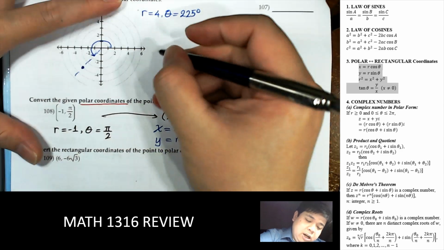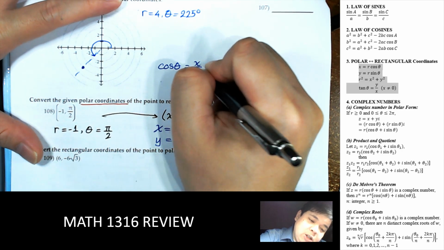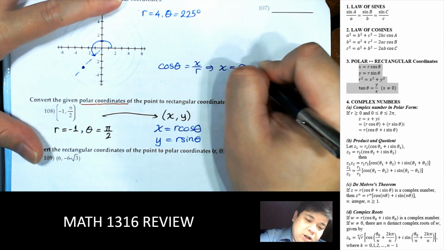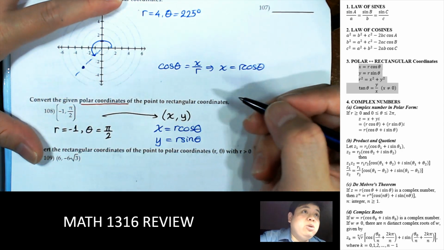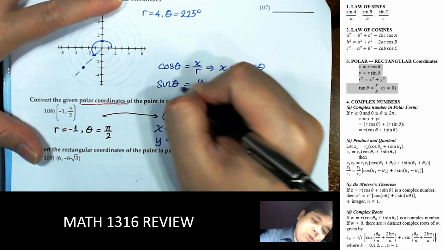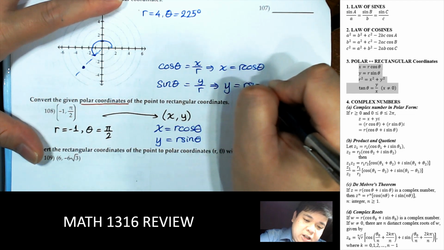This is because cosine is x over r, so cross multiply: x equal to r cosine theta, and same thing for sine. Sine is y over r, so multiplying by r, y equal to r sine theta.